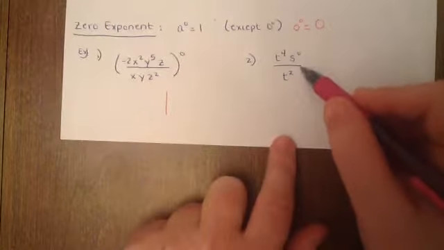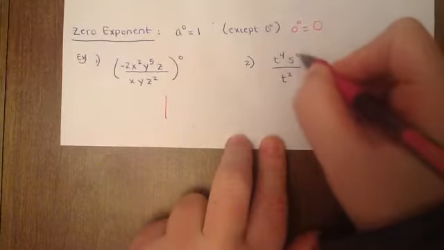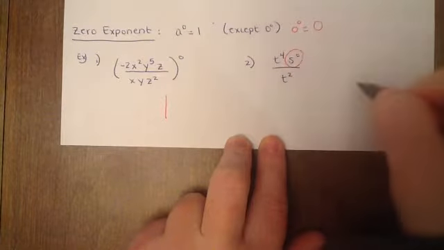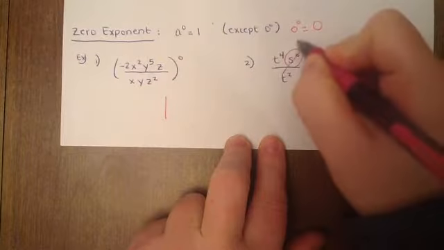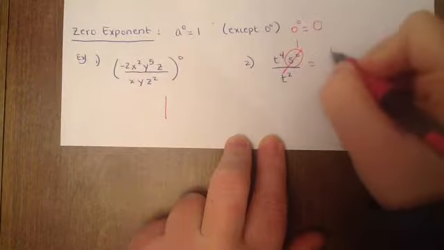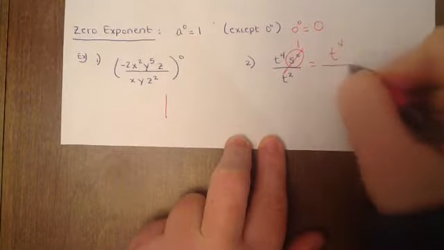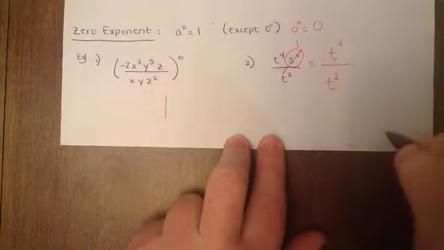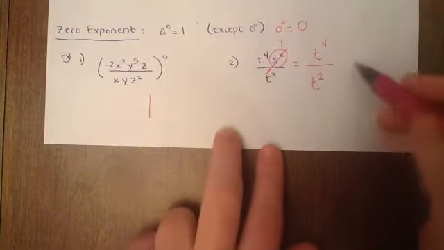Here, what piece is going to be 1? S to the 0 is just going to become 1. So this really leaves us t to the 4th all over t squared. And now this is what we did earlier.